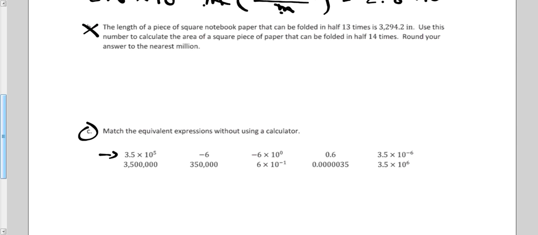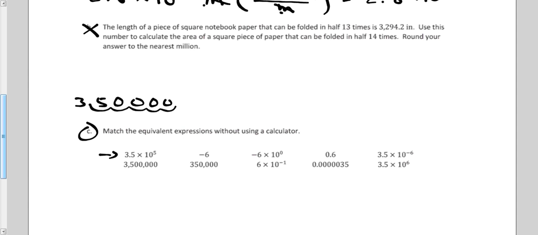So now, I'm taking 3.5, and what am I doing to that decimal point? I'm moving it which way? To the right, Sarah. Good. And how many places, Christine, am I moving it? 5 places. So I take 3.5 and I go 1, 2, 3, 4, 5. So it's 35 with 4 zeros after that.